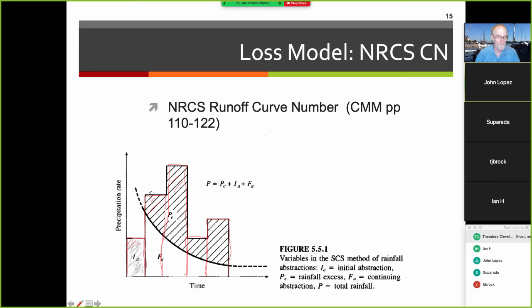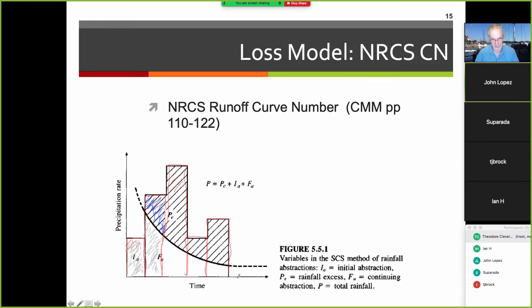So this blue area up here for that rainfall pulse is excess, and this gray area down here for that pulse is added to our loss collection.